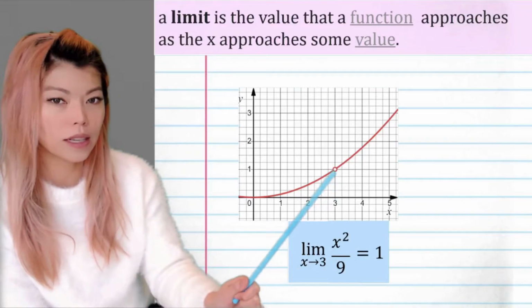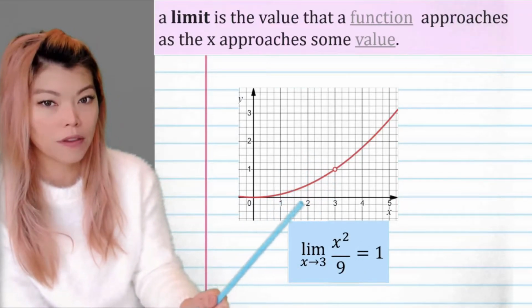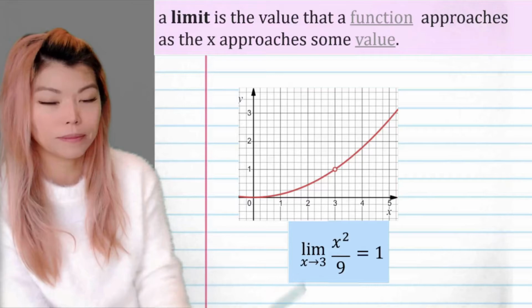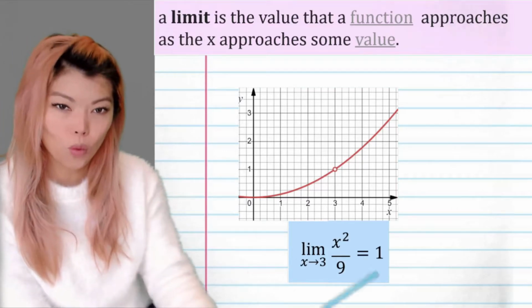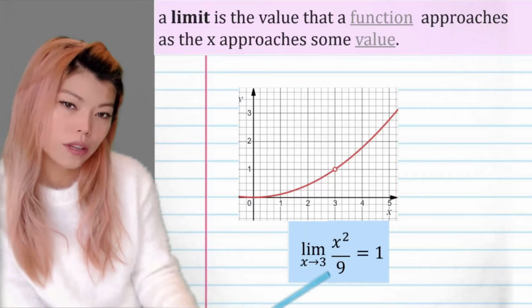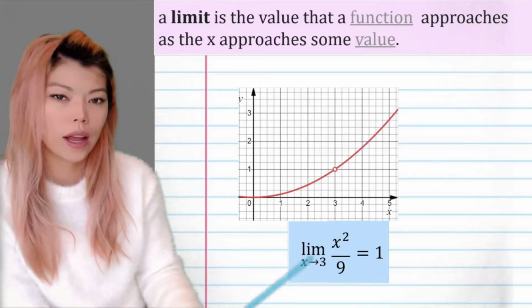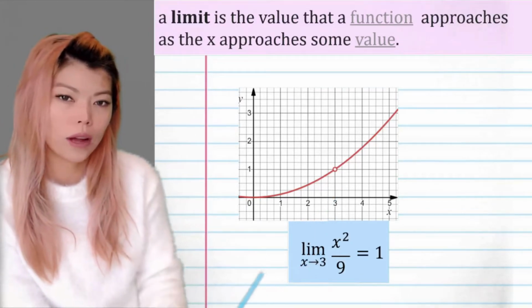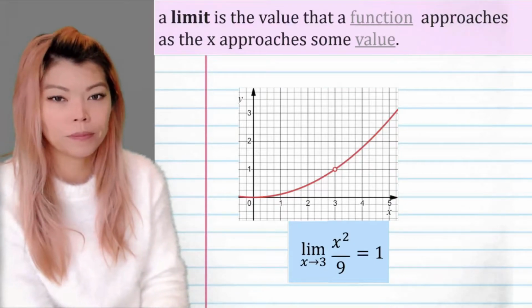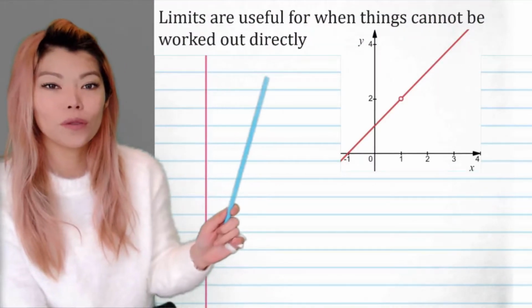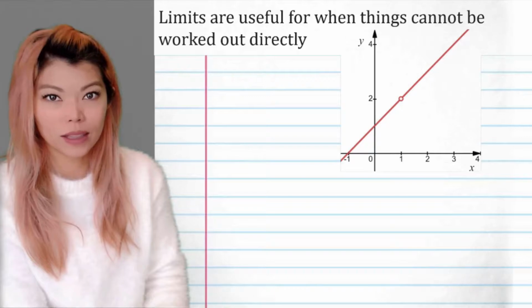So the 1 is not part of our graph, but we're approaching it. So these are called limits. So 1 is the limit. X squared over 9 is the function, and x approaching 3 is the x value where we are evaluating our limit. Limits are useful for when things cannot be worked out directly.